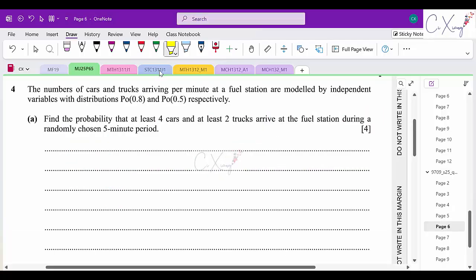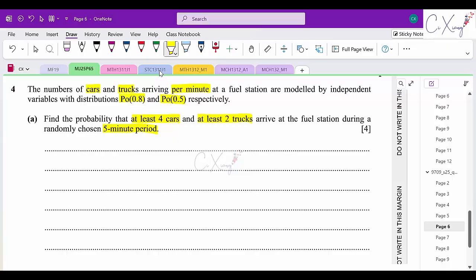Question number 4. We are having the number of cars and also trucks arriving per minute, with distributions Poisson lambda 0.8 and Poisson with lambda 0.5. Then find the probability that at least 4 cars and also at least 2 trucks arrive at the fuel station during a randomly chosen 5-minute period.